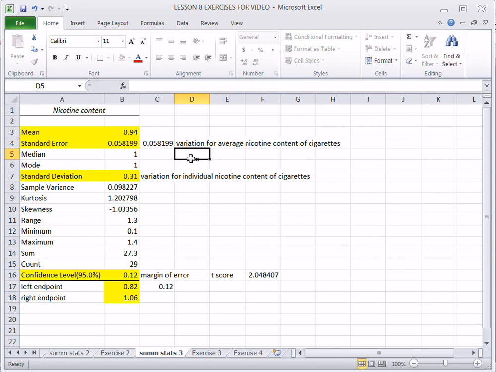So the variation for the average nicotine content versus the variation for individual nicotine content. And for averages, the variation is smaller.